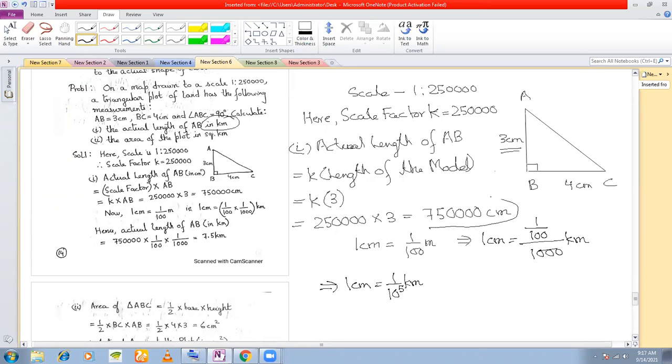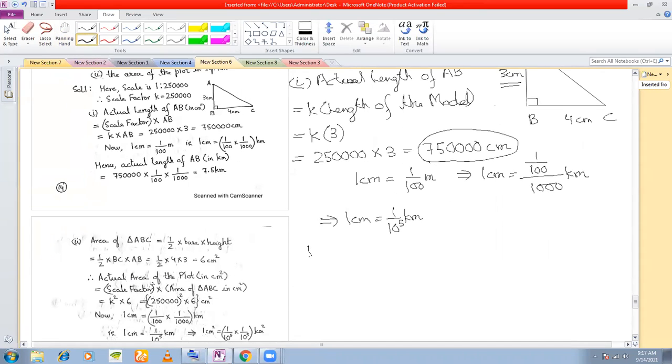So therefore, if you want to express this figure in kilometers, 7,50,000 centimeter is equal to 7,50,000 into 1 by 10 to the power of 5 kilometers. How do you calculate this?